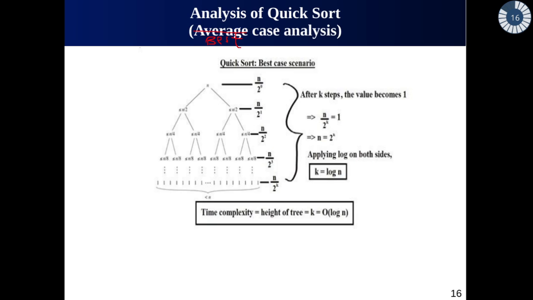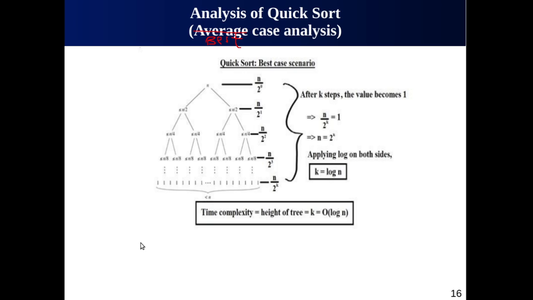Possibility number 1 is when the sizes of the sublists on either side of the pivot become equal, and that is possible when we have an odd number of elements and the pivot is right in the middle after partition, and each side will have n minus 1 by 2 elements.